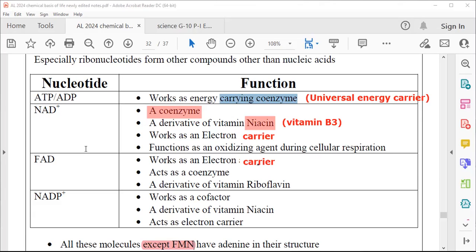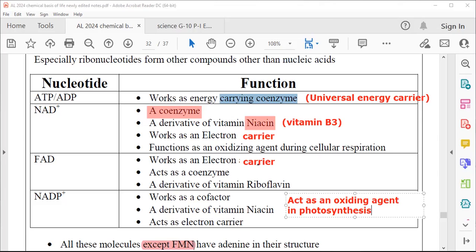Who are the electron carriers here? NAD plus, FAD, NADP plus. In this one, you have one more point to mark. NADP plus is acting as an oxidizing agent in photosynthesis.